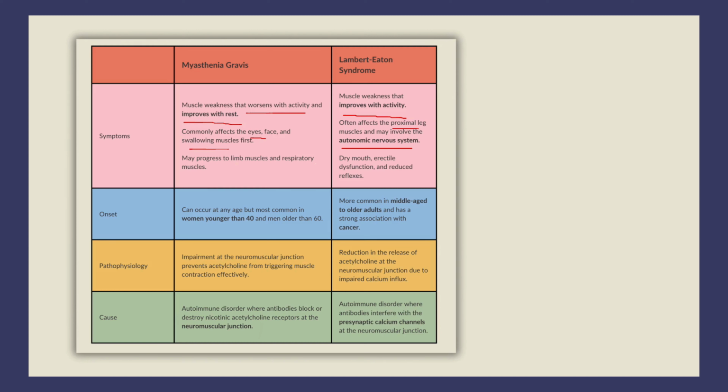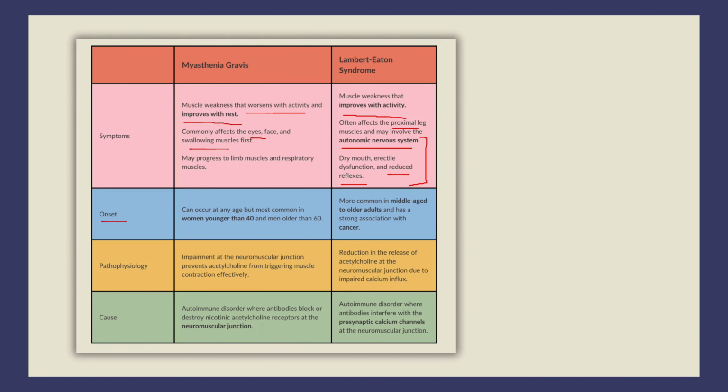Also reflexes are absent in Lambert-Eaton, and they're usually preserved in Myasthenia Gravis. So autonomic involvement and reduced reflexes are in Lambert-Eaton syndrome. You see all the autonomic features here, like dry mouth, erectile dysfunction, and things like that. So that's also an important differentiation point.